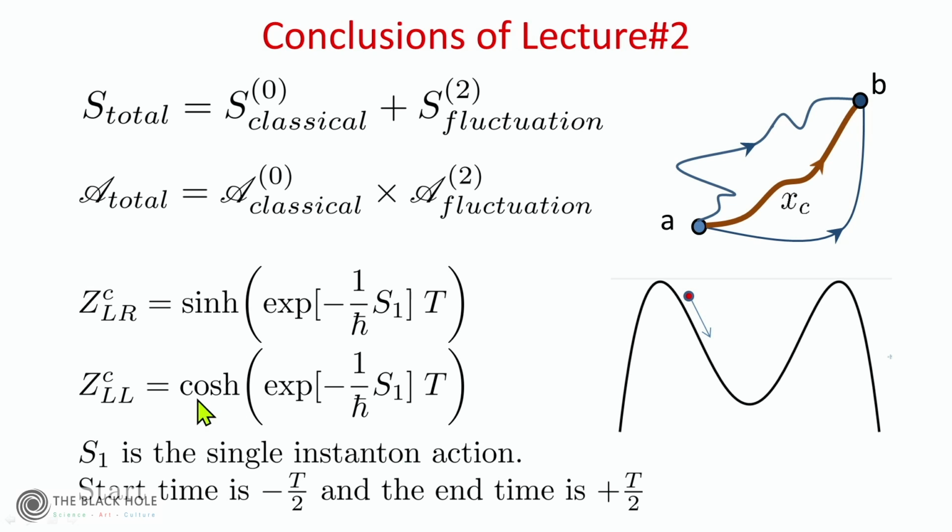We've calculated the amplitude to go from minus a to plus a, left to right, got that as sinh. Left to left, got that as cosh. In terms of the single instanton action, starting at minus t by 2 and ending at plus t by 2.